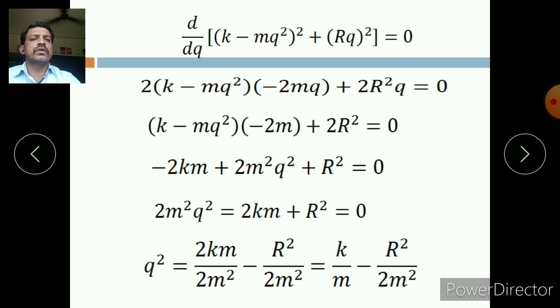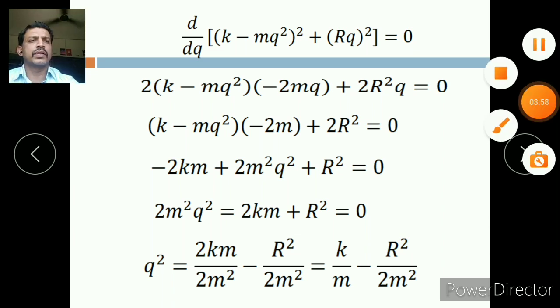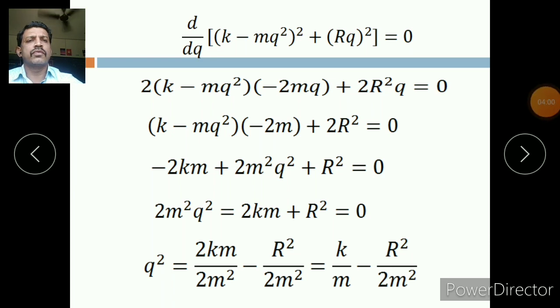So first we divide this whole equation by 2q.